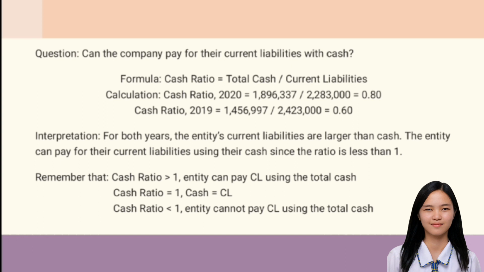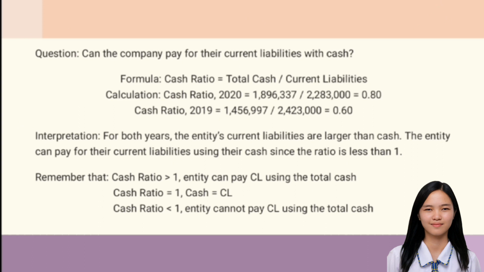So, kahit i-narrow down pa din natin na cash lang ang titingnan para magbayad ng current liabilities, pumalya na tayo. So, the interpretation would be, for both years, the entity's current liabilities are larger than cash. The entity cannot pay for their current liabilities using their cash since the ratio is less than 1.